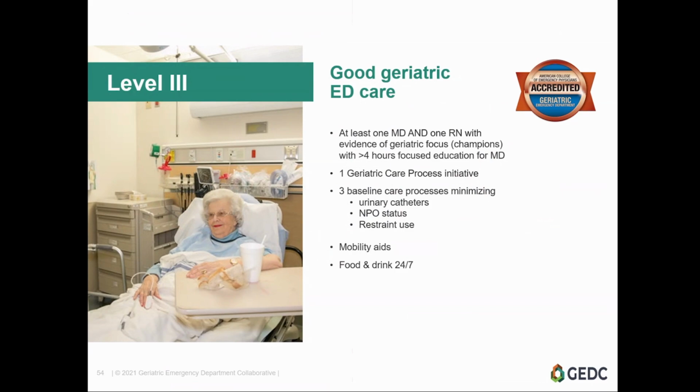You have to have implemented one geriatric care process initiative in your emergency department, plus 3 baseline processes at minimum that minimize urinary catheter use in older adults, minimize NPO status, and minimize restraint use. So you have to have 4 things that you're doing in your emergency department around geriatric patient care. You also have to have access to mobility aids and access to food and drink.